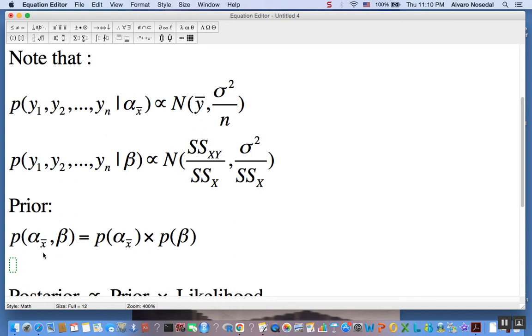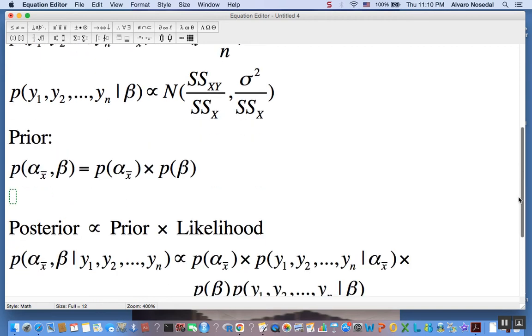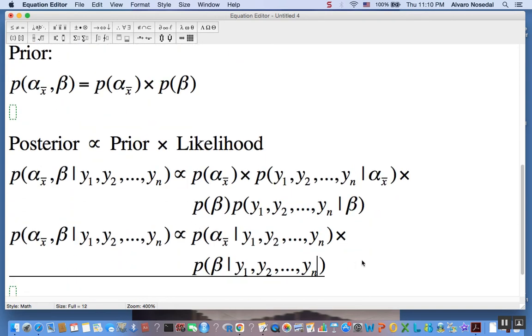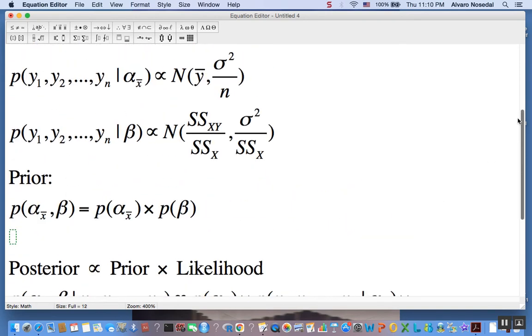The joint prior could be written as a product of two independent priors, and then we are going to have two independent posteriors. Let me just say something more.